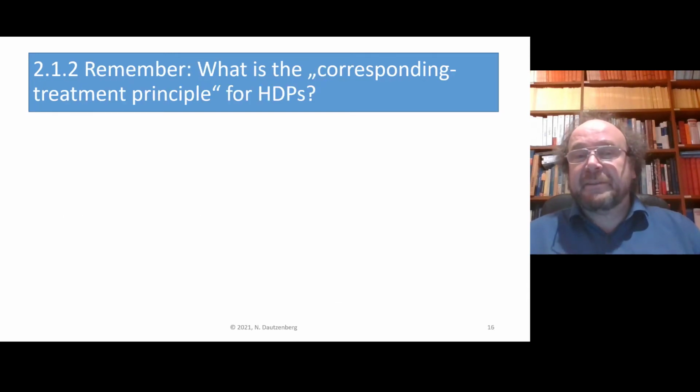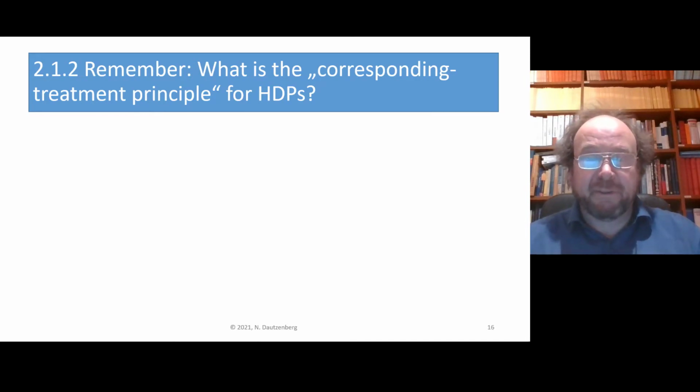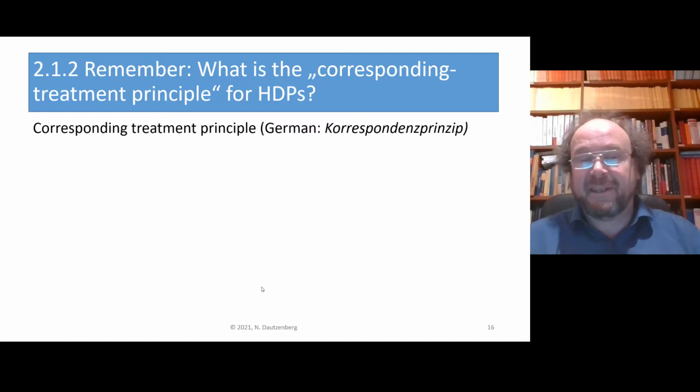There is something more, ladies and gentlemen, which you should keep in mind, especially when later we come to cross-border cases. There is, when it comes to the treatment of hidden profit distributions, a so-called corresponding treatment principle, or sometimes also called correspondency principle, in German Korrespondenzprinzip. What does that mean?